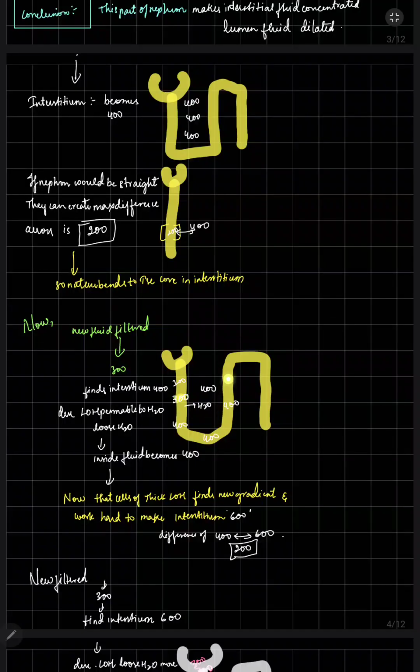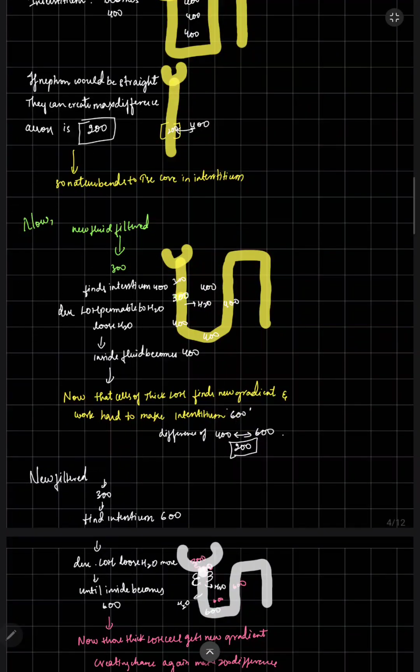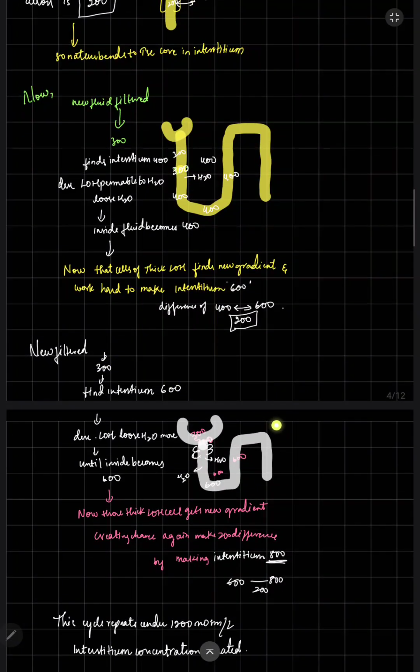Now this 400 fluid reaches the thick part of loop of Henle, where these cells again work on this fluid, creating a gradient of 200, right? And they make the interstitium 600. Okay, because the interstitial fluid is 400, they work more and they make the interstitium 600, right? Now we have an interstitium of 600.